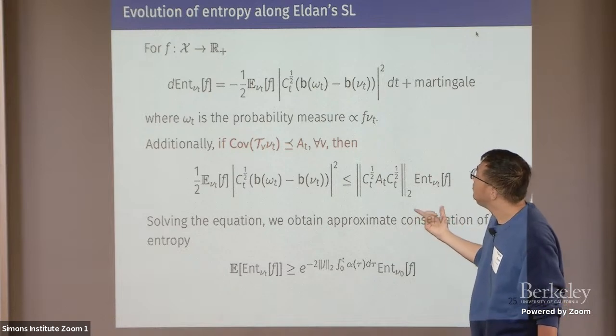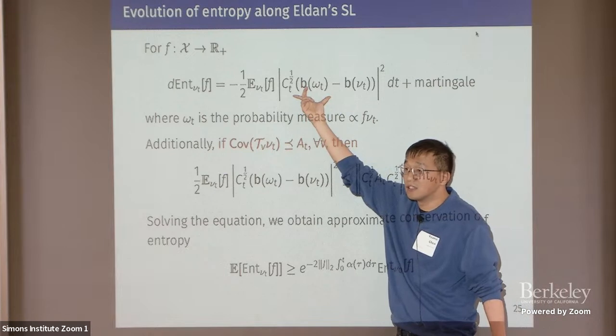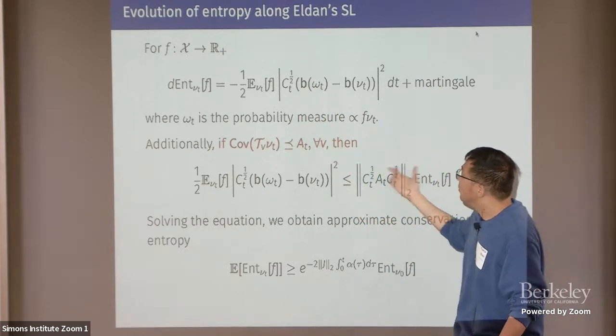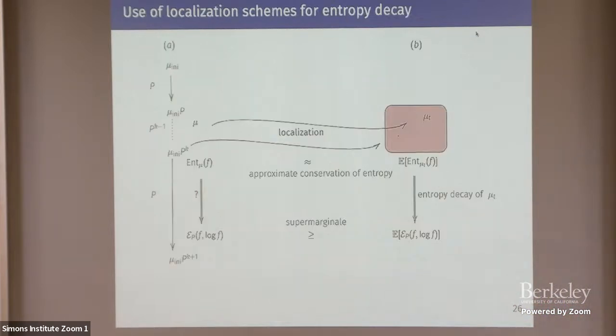And for this to go through, you need to bound something that has some terms that appear in the stochastic differential equation. And you put assumptions for this to go through, basically. Okay, so that's a picture for approximate conservation of entropy. Here you replace the variance quantity with the entropy quantities.